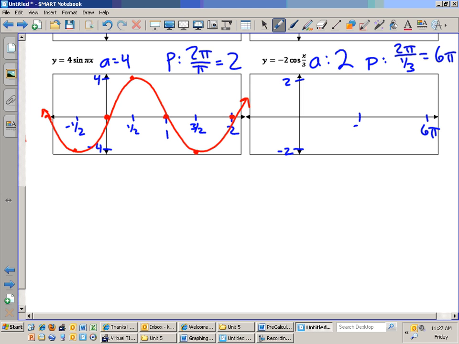Divide in half to get 3 pi. Divide in half again to get 3 pi over 2. So what would that other one be then? Oh boy. So 3 over 2 is like 1.5, right? 1.5 plus 1.5 is 3, plus 1.5 is 4.5, or 9/2. 9 pi over 2.